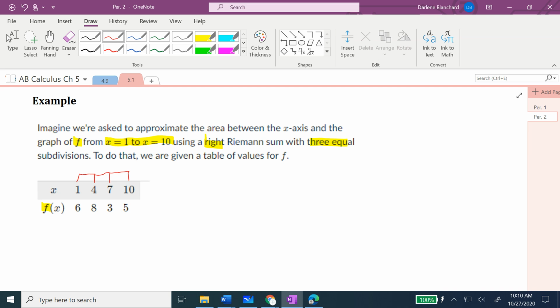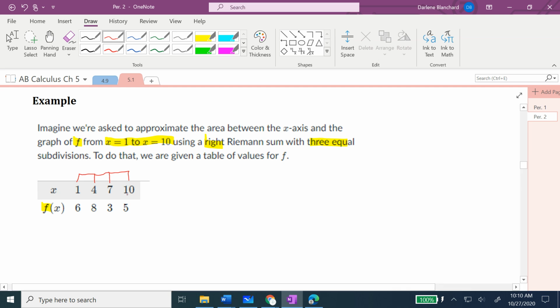Sometimes, if it's unequal subdivisions, they will say something like, according to the table, create a certain number of subdivisions, and there is no option.